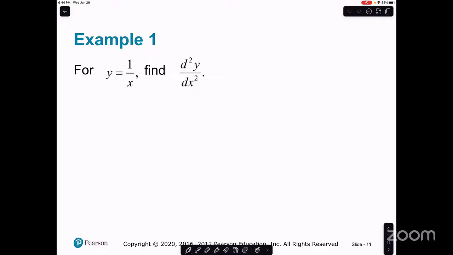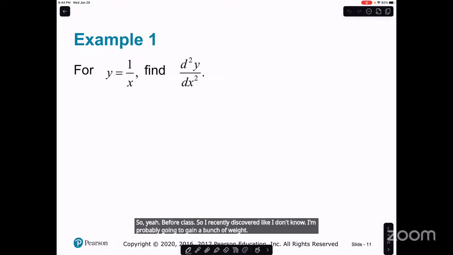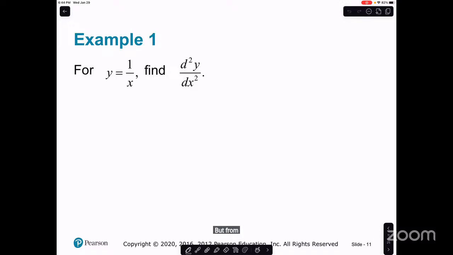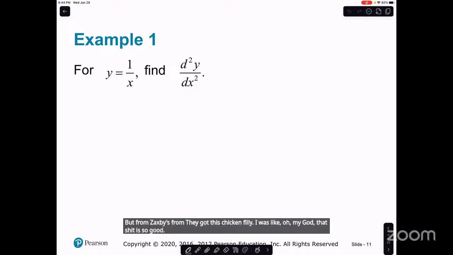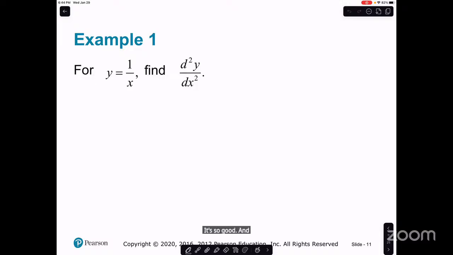Before class, I recently discovered, I'm probably going to gain a bunch of weight, but from Zaxby's, they've got this chicken Philly. I was like, oh my god, that is so good. I get them to make it without cheese.